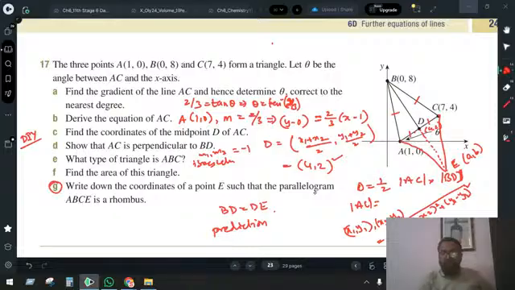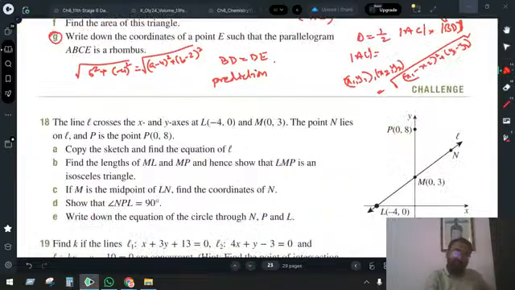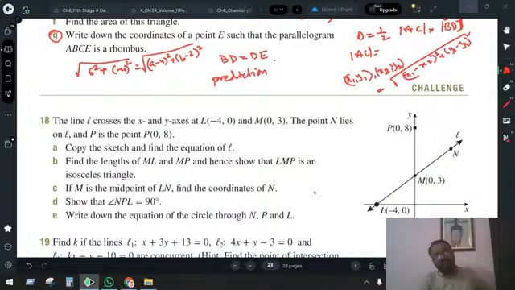Here the BD distance is under root of 6 square plus 0 minus 4, 4 square, which is equal to under root of A minus 4 whole square plus B minus 2 whole square. How can you predict? 6 square is 36 plus 16, it's 50. So squaring both sides, 50 is equal to A minus 4 whole square plus B minus 2 whole square. So you can predict some values.